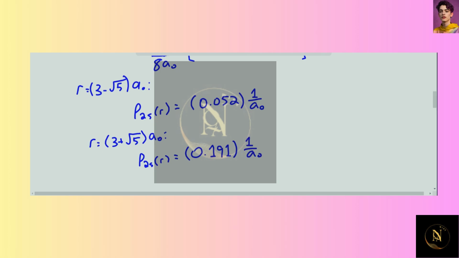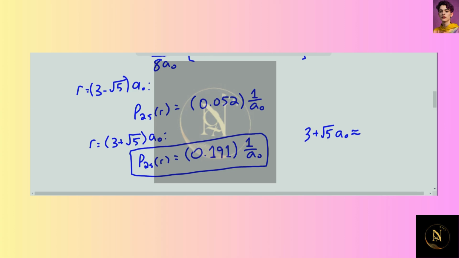So you can tell just by looking at that that this is the value for the maximum, and 3 plus square root of 5 times a naught is approximately equal to 5.236 a naught, which is what the problem was looking for.